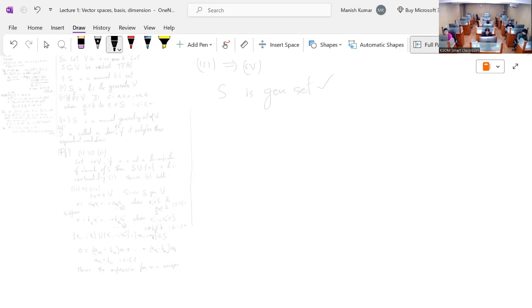So let's say S prime is some proper subset of S. Then we want to show that it doesn't generate V, and v belongs to S. Then of course v is equal to v. That's one expression. So this is also straightforward.